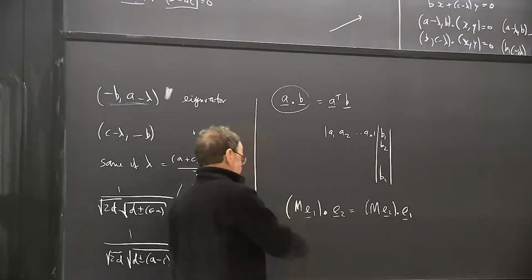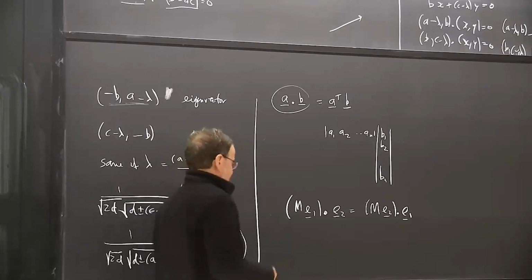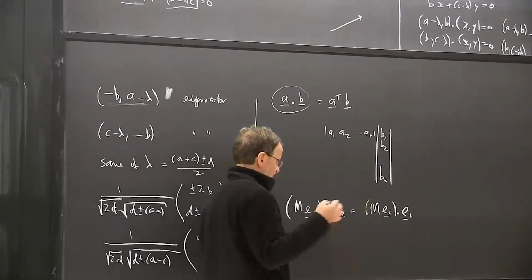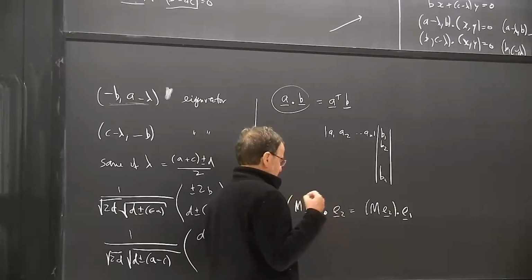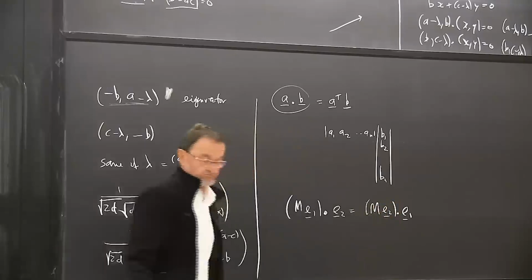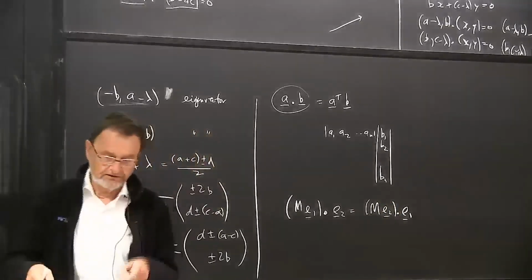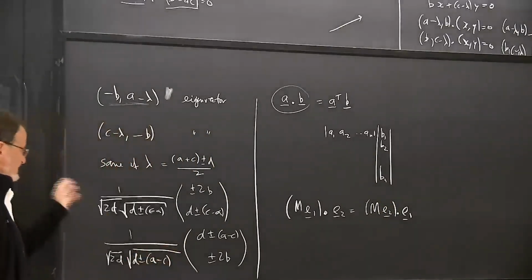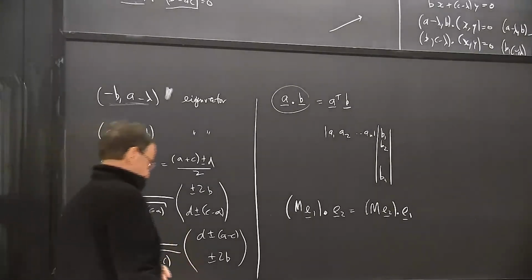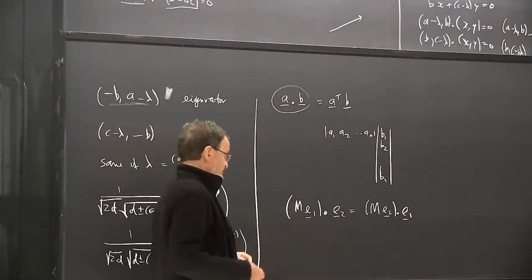What this is saying is, okay, I'm going to take eigenvector 1, multiply the matrix by that, and then I get something new, and I take the dot product with the other eigenvector, and it's the same as flipping it. Like, I don't know, the M could be a rotation. So it's like I'm rotating E1 and then taking the dot product with E2, and that's the same as rotating E2 and taking the dot product with E1.